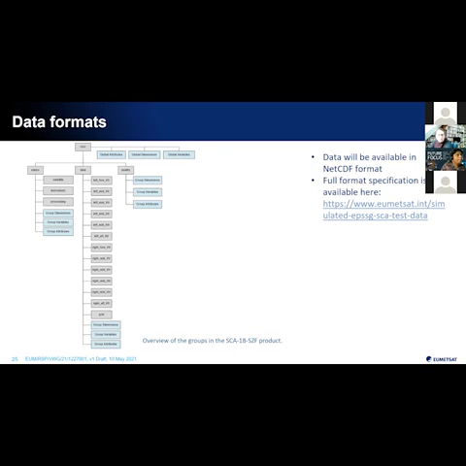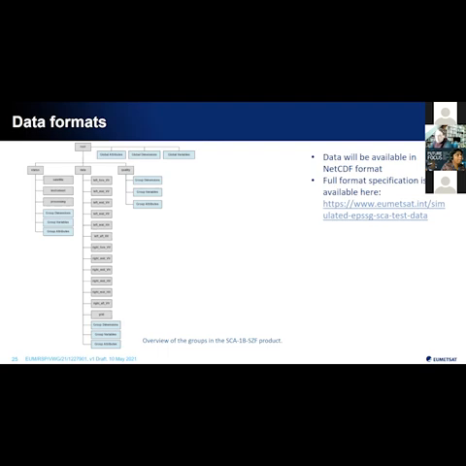So this is just to give you an impression of the structure of the products. You have the full information on the products under the link I've put in the slides. So it's available through the EUMETSAT website.